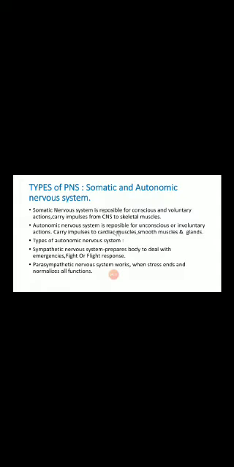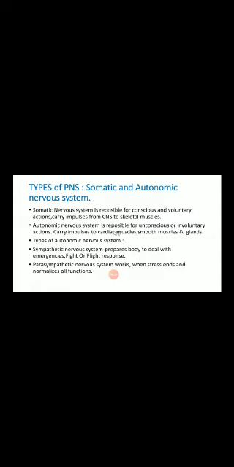The autonomic nervous system is responsible for unconscious or involuntary actions, and it carries impulses to the cardiac muscle, smooth muscle, and glands. Dear students, you know, cardiac muscle makes the wall of the heart. Smooth muscle makes the wall of the alimentary canal, the digestive tract.